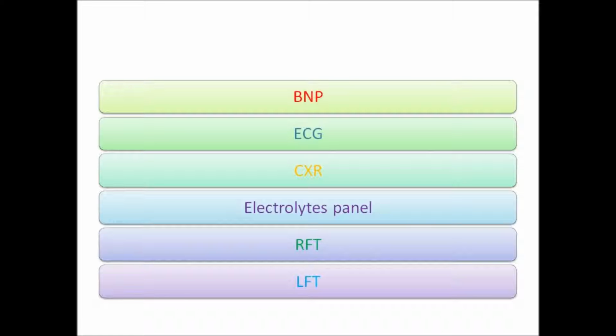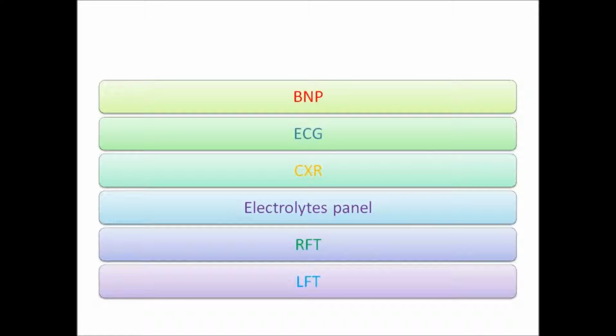Its name is brain natriuretic peptide, and it was named like that because it was first discovered in the brain, but it is actually released from the ventricles. And natriuretic means that it increases sodium diuresis.